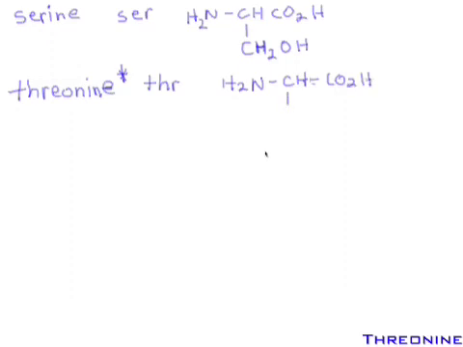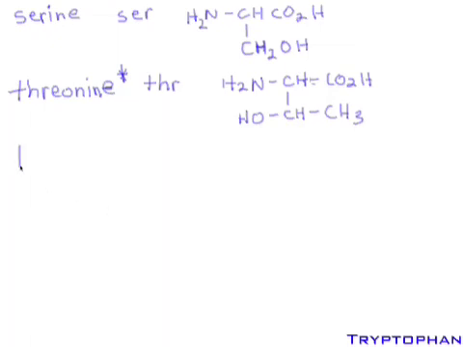Off of that basic framework for threonine is a CH with a CH3, very related to serine, except the CH2OH, the CH2 unit, has an extra methyl placed off of it. So the OH is off this carbon, right off the fragment.